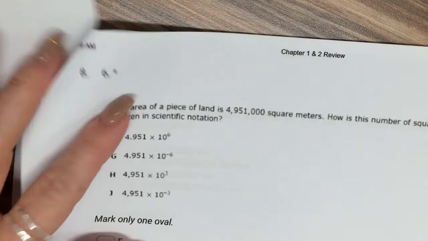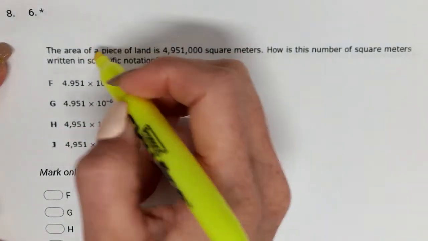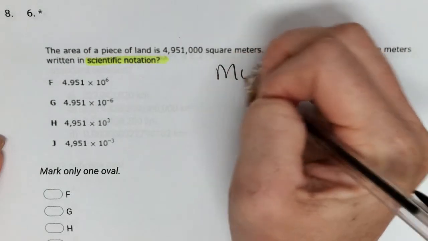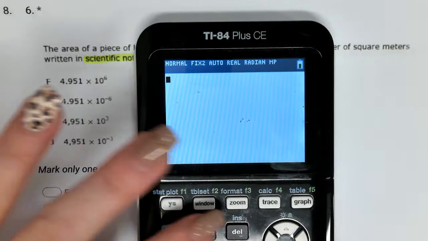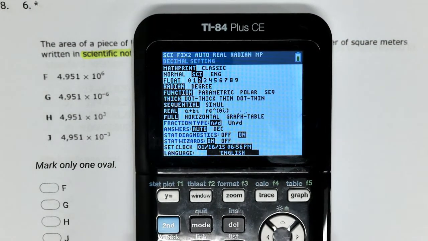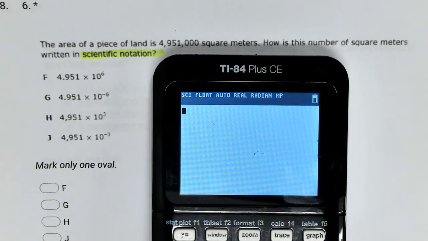Okay, number 6. Anytime it says scientific, first of all, I got to go to my mode and put it in what? Should I be in rounding? Probably not. So mode, SCI, and get out of float 2. All I have to do is type that number in.